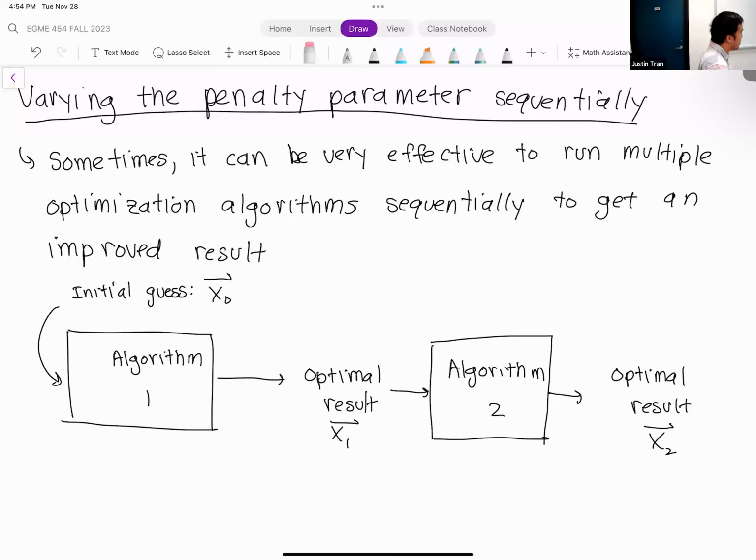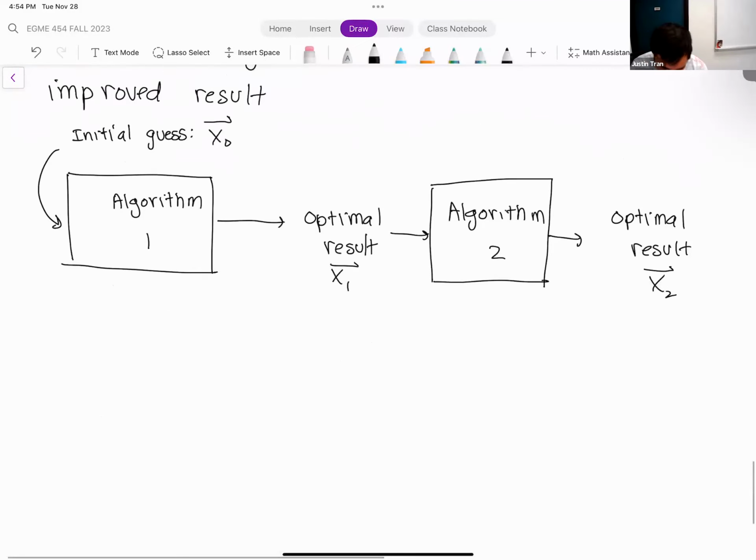It's used by a lot of people, and I've used this tons of times. And so I'm bringing this up for two reasons. One, I think this is a very good technique that you can use for your final project. And two, it feeds directly into the penalty parameter method that we're doing over here.